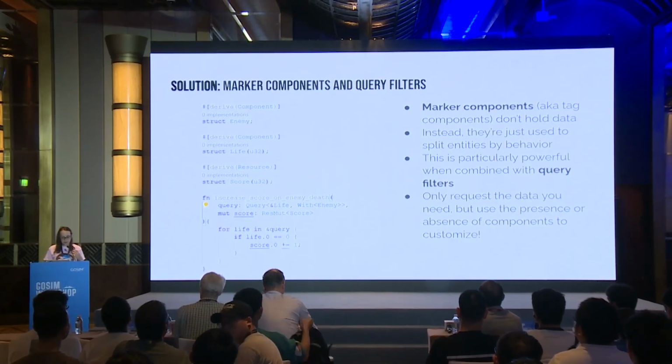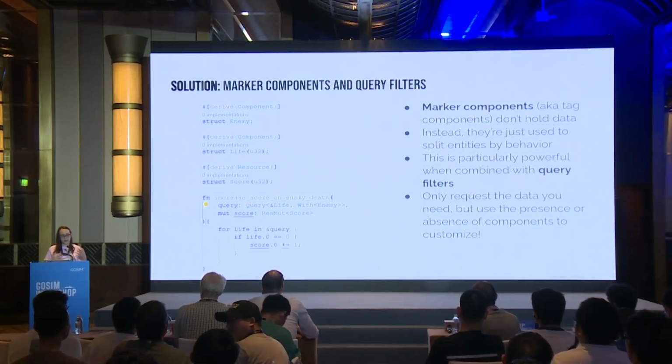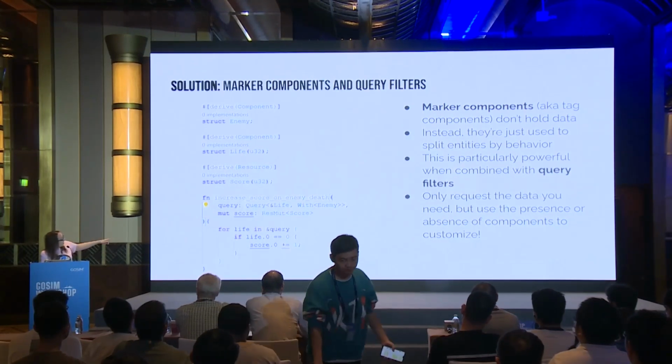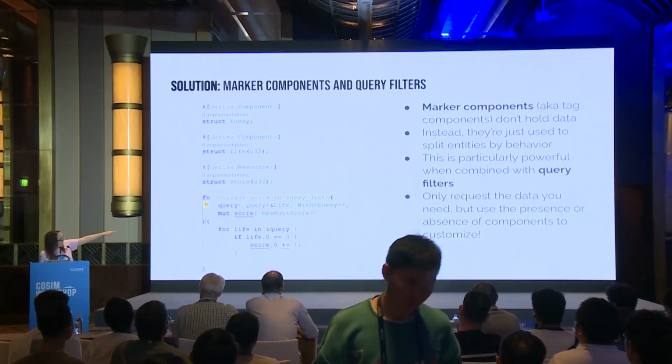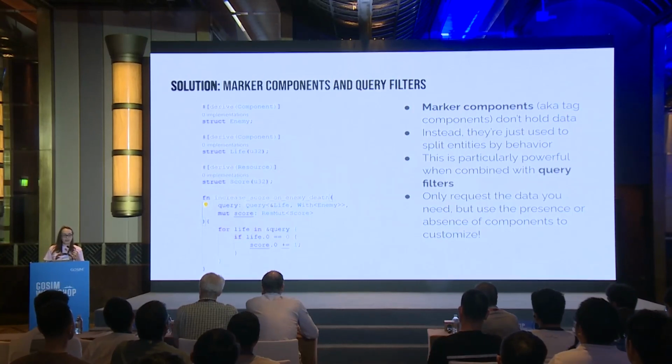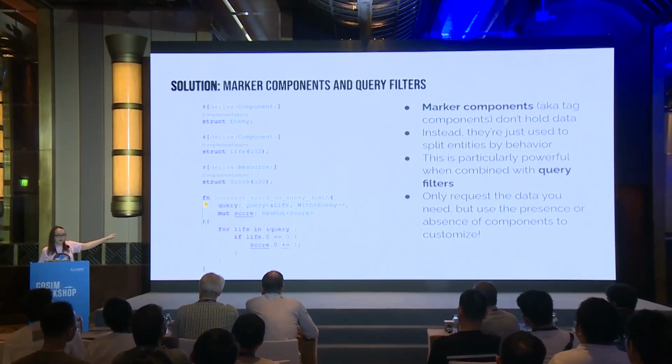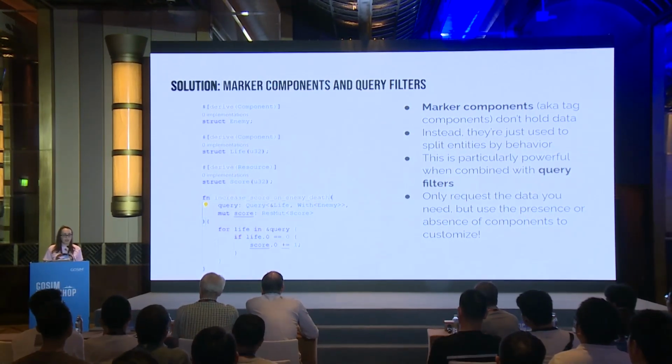This becomes really powerful when we combine it with our query filters. You can see down below in the query, Ref Life With Enemy, that you can say, I only want the life data, but I want to restrict it to those entities that also have the Enemy component.